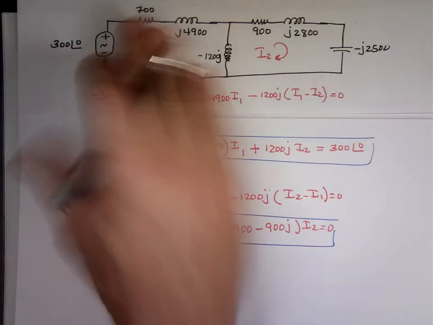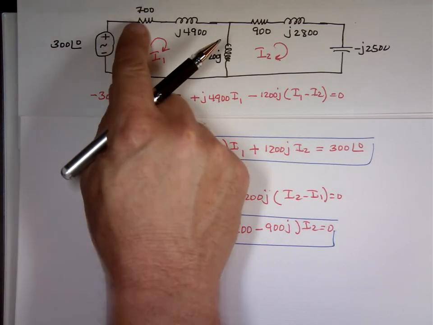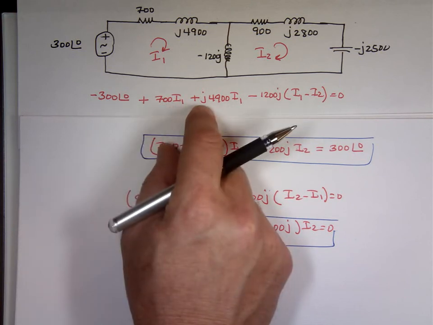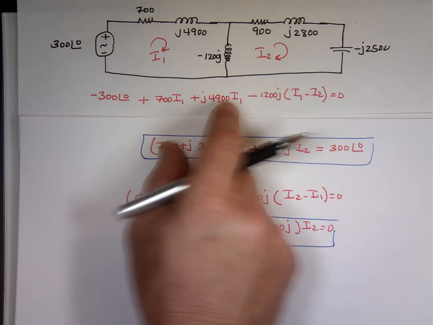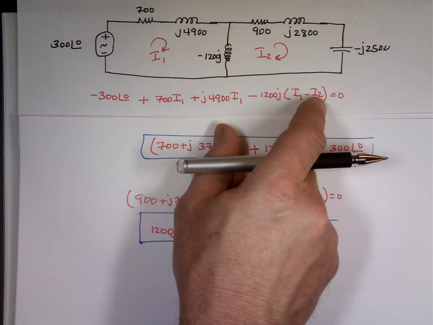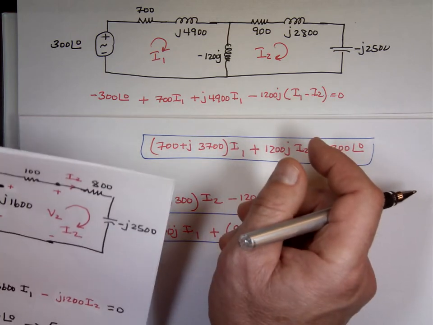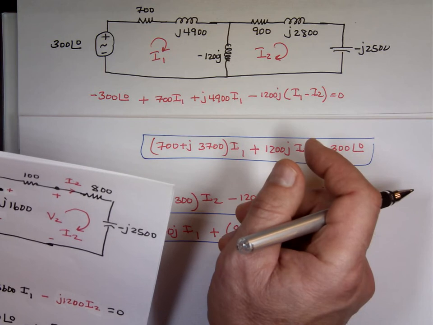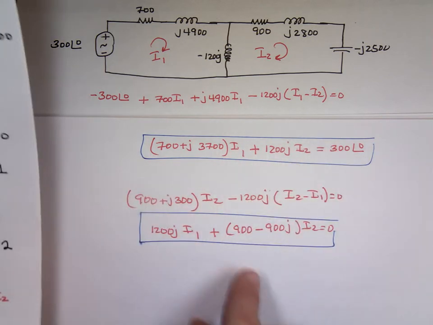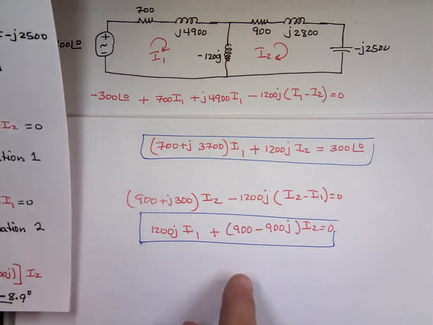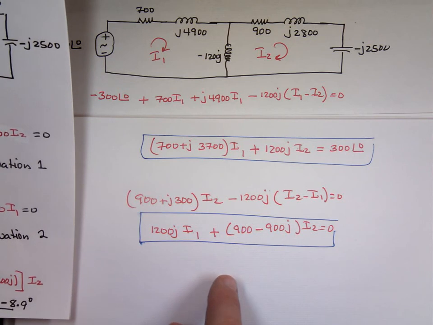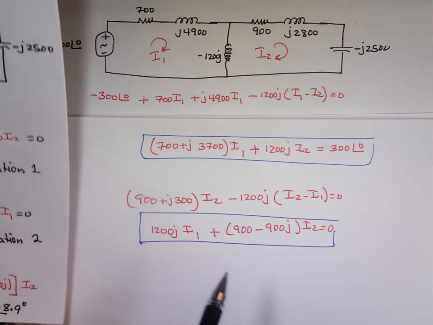Negative 300 angle 0. 700 plus j 4900 times I sub 1 minus 1200 I sub 1 minus I sub 2. Second equation, no, we should be fine because we just flip-flop them, because the 1200J is backwards on both sides.